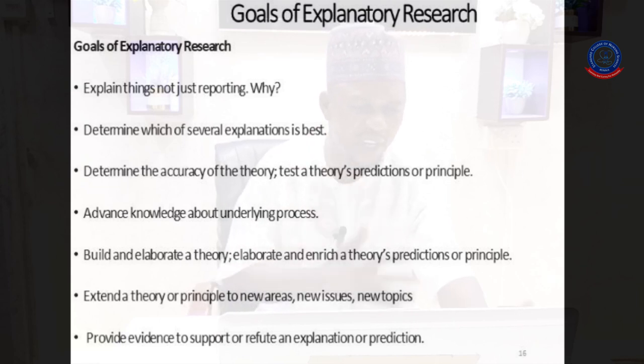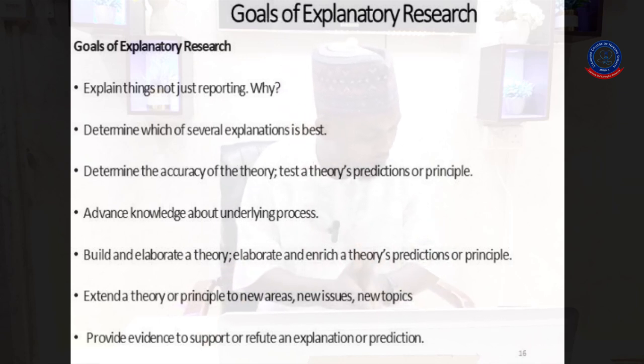Then you build and elaborate a theory. Elaborate and enrich a theory, prediction, or principle. If a particular theory or theorem has a gap, a vacuum, you try to see how you elaborate it, how you make it better. Then extend a theory or principle to new areas.